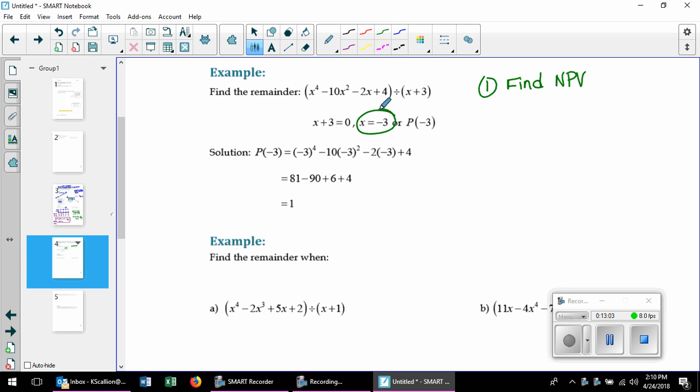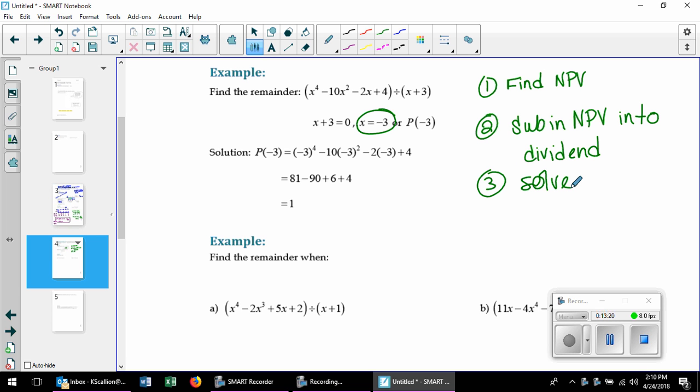Then all I want you to do, number 2, plug the NPV into the dividend. Step 3, solve. So when you do that, like if I sub in -3 into my dividend, don't worry about the order, don't worry about all the degrees being there.